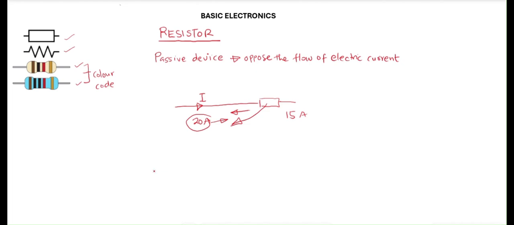What property allows it to oppose the flow of current? Its resistivity. That is the property that allows it to oppose current. Because the resistor has high resistivity, it is able to oppose the flow of current.